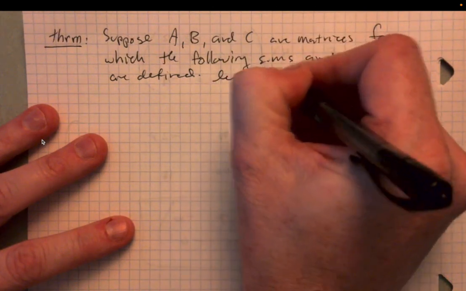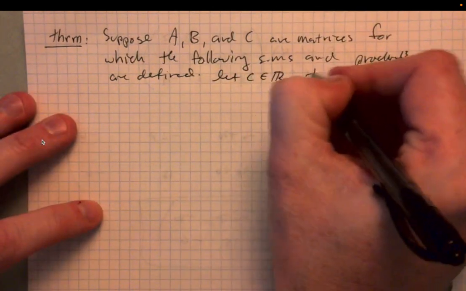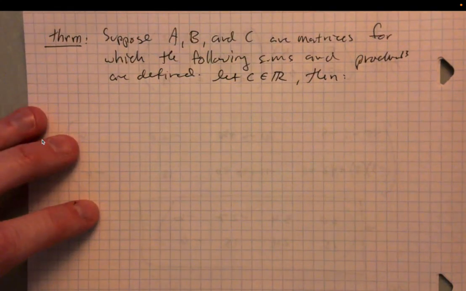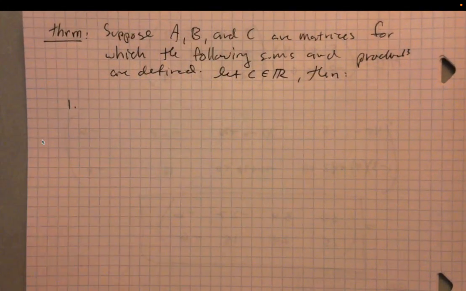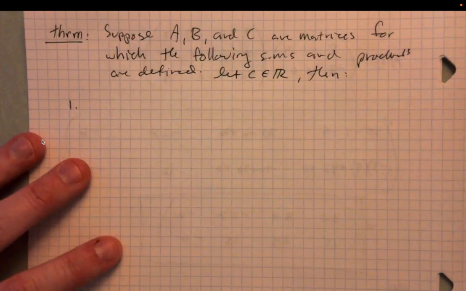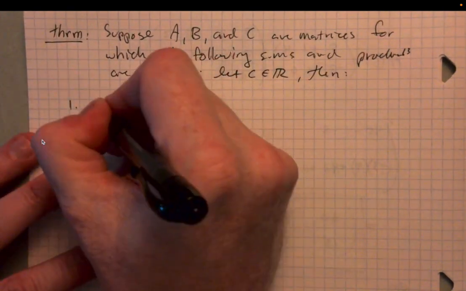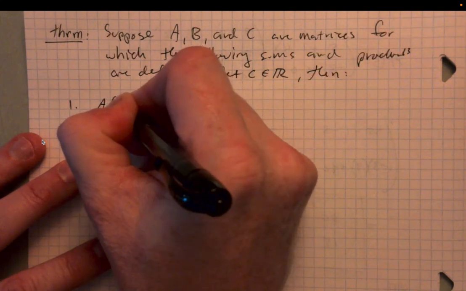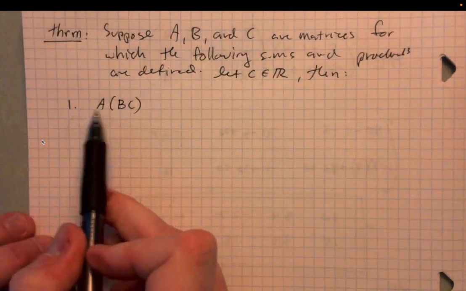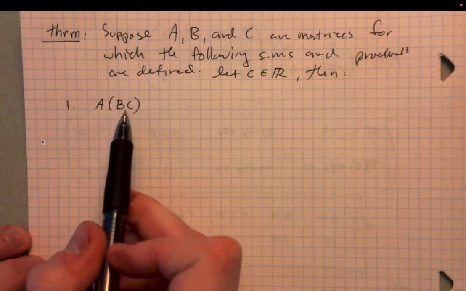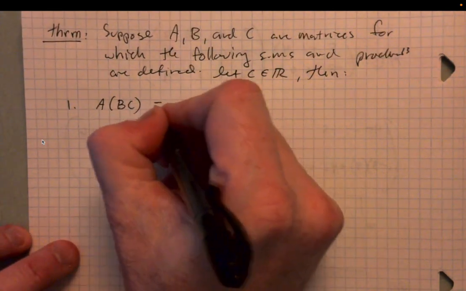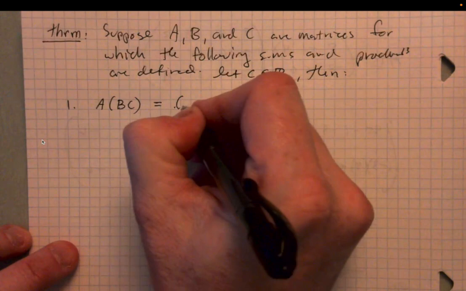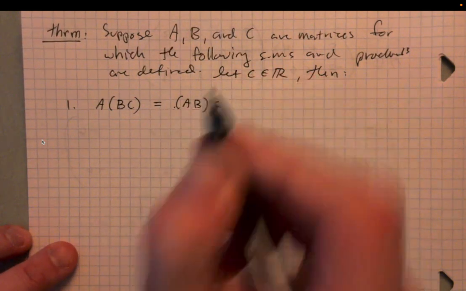We're going to need a scalar here. Okay, then the first thing is the associative law. It does work for matrix multiplication. So if I have three matrices, A, B, and C, and I start by multiplying B and C together to get a new matrix, and then I multiply again with A, then that is going to be equal to A times B multiplied with C.